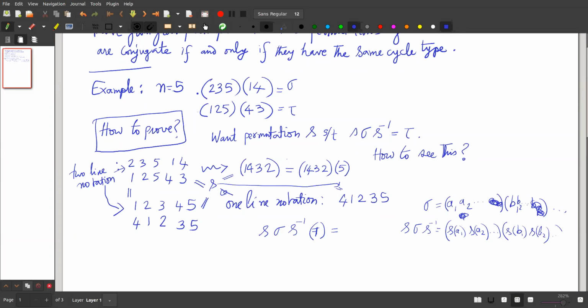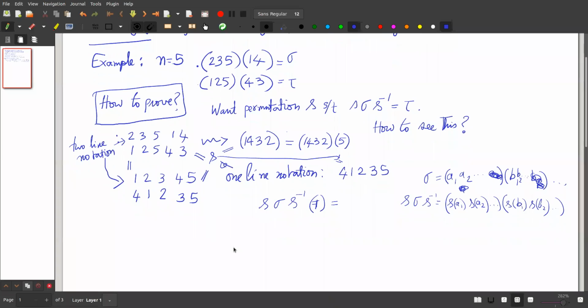Okay, and in fact, that's what is used to give what goes from sigma to tau, right? Because you send 2 to 1, 3 to 2, 5 to 5, 1 to 4, 4 to 3. So, observe. Let's use this sigma. So how do you write this now? Let me write out what Annamalai is saying.